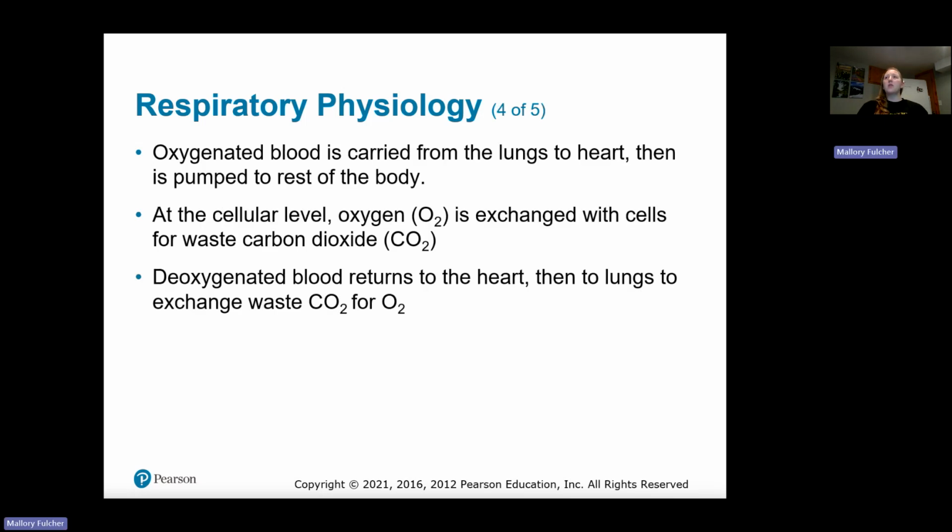Oxygenated blood is carried from the lungs to the heart and then is pumped out through the rest of the body. And then at the cellular level, oxygen is exchanged with the cells for waste of carbon dioxide, and the deoxygenated blood returns to the heart. So it's that exchange of oxygen and carbon dioxide that really keeps our body in a nice balance.